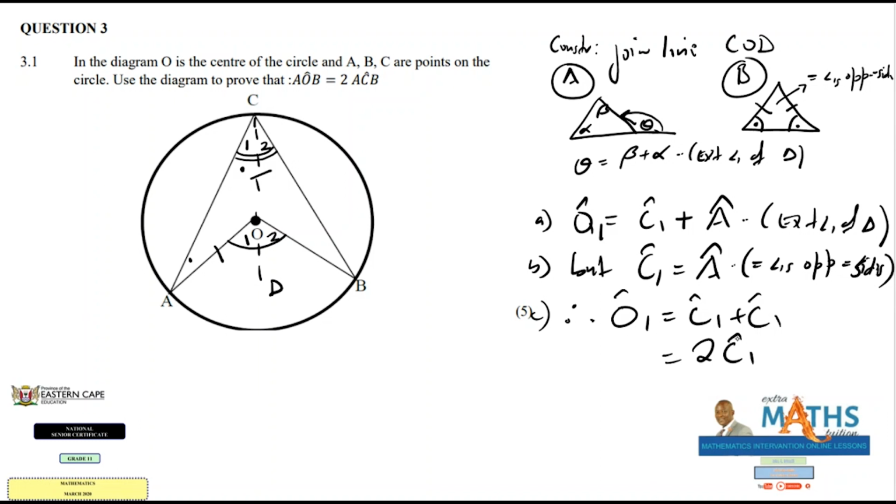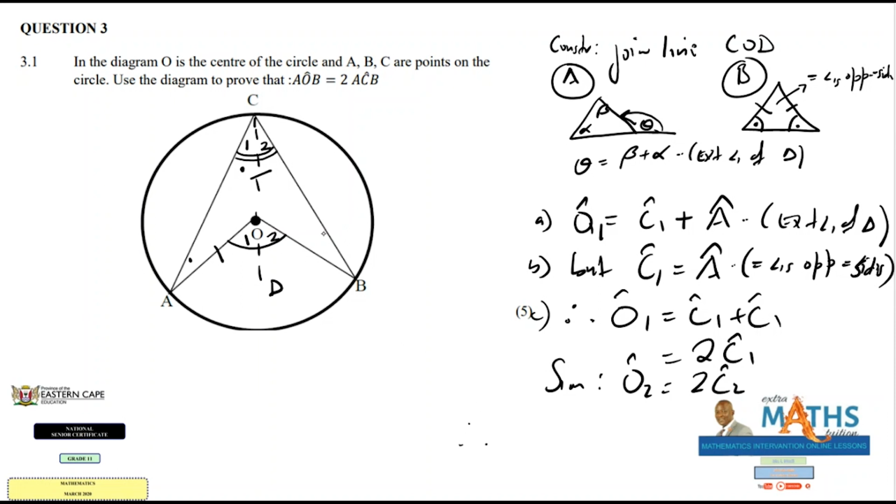Then take out the common factor of C1, which means O1 is equal to 2C1. We can do the same thing with O2 and C2, so similarly, O2 is equal to 2C2, right?